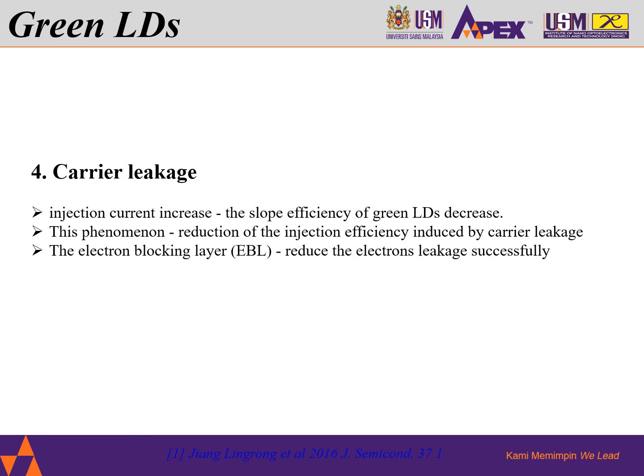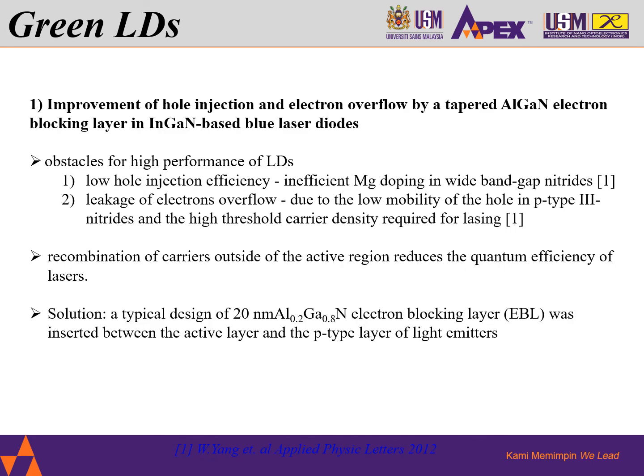This phenomenon is attributed to the reduction of injection efficiency induced by the carrier leakage. The electron blocking layer (EBL) has been employed to reduce this electron leakage successfully. Improvement of hole injection and electron overflow by a tapered AlGaN electron blocking layer (EBL) in InGaN-based blue laser diodes.